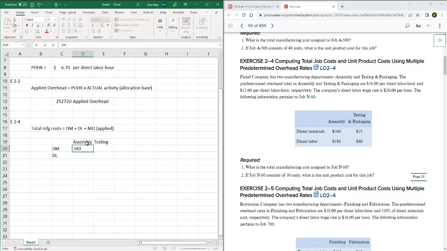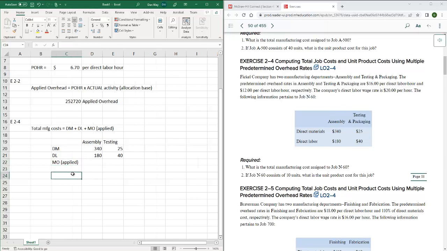Again, we were given the direct materials and direct labor cost in both departments. So really we're going to try to focus on what's this applied overhead for this one job in both departments. Okay, so we know that the predetermined overhead rate is $16 per labor hour here in assembly and $12 per labor hour here in testing and packaging.